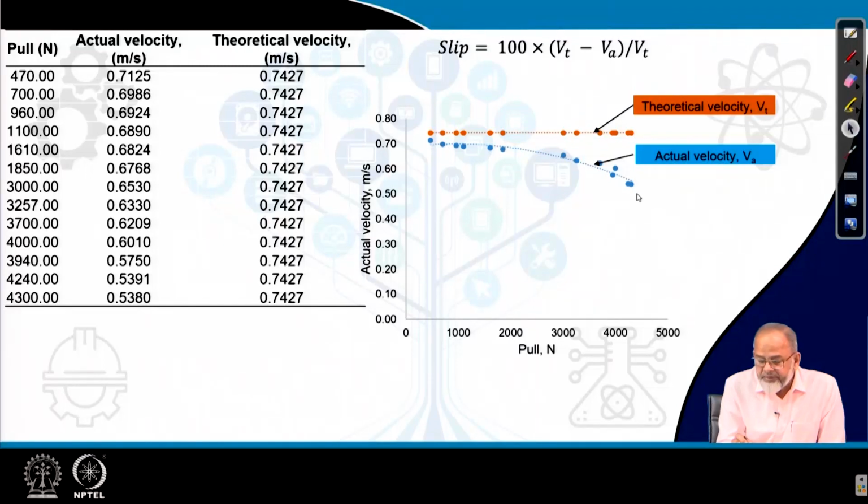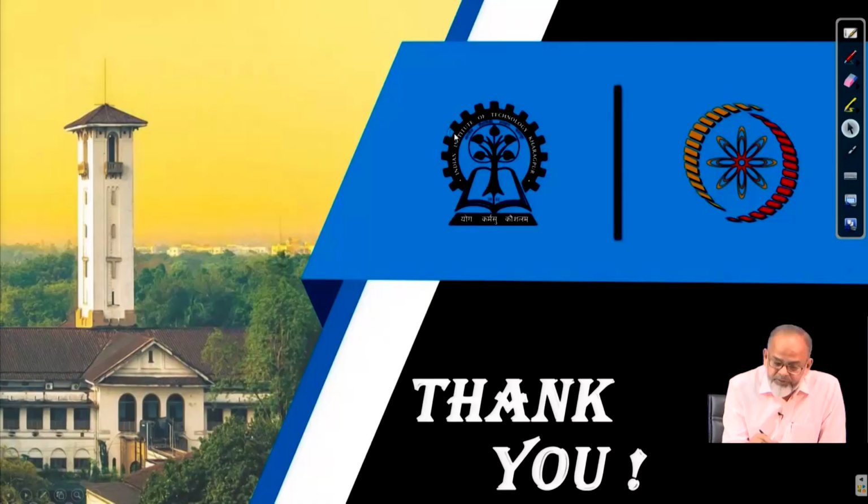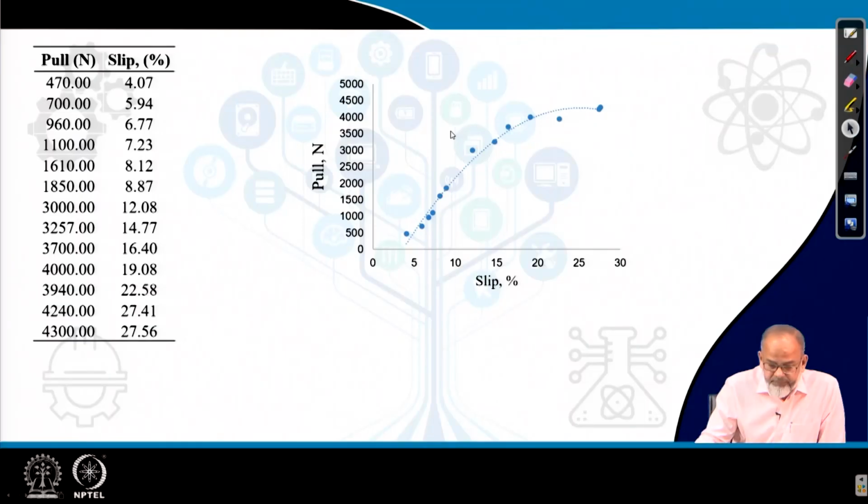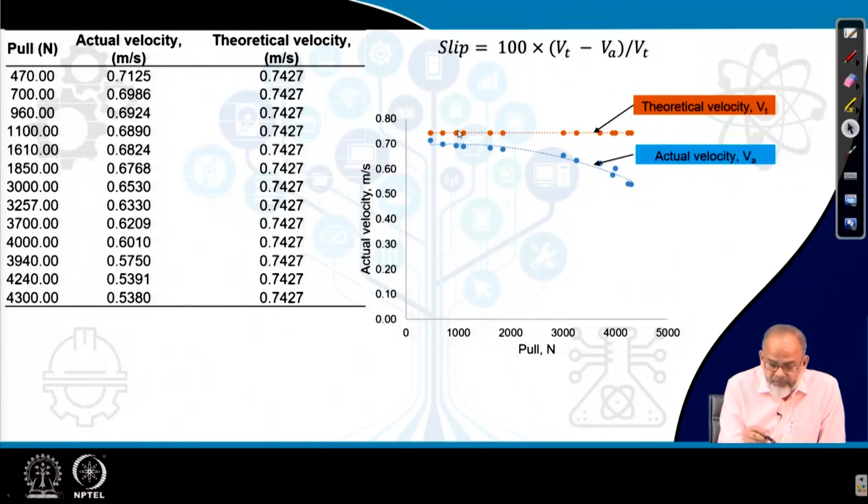So, when we increase the pull, there will be more interaction between wheel and soil, and thereby more slip. As a result, when there is more slip, the actual velocity is reduced from the theoretical velocity by a larger amount. You can see this difference here and this difference here, they are not the same.